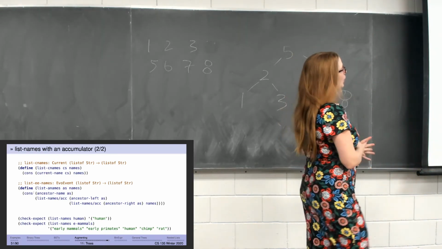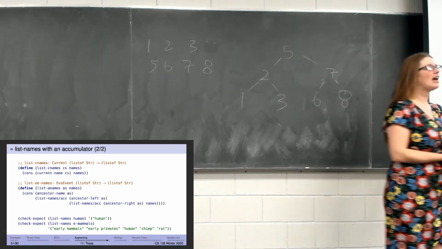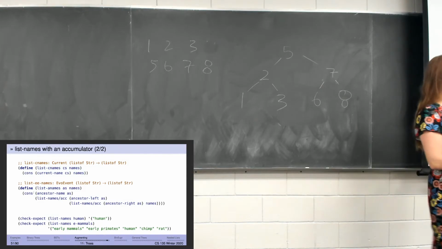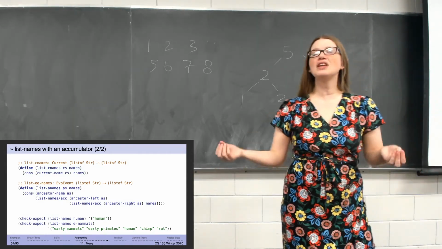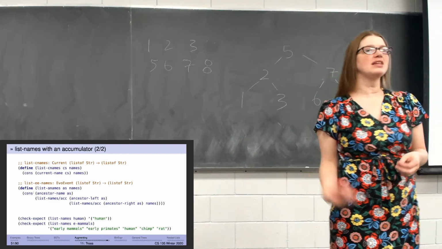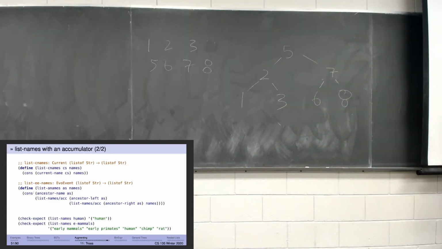If, however, we are an ancestor node, this is where it gets kind of complicated. We want to produce a list that contains us along with all of the names of all of the species of our left and right subchildren. So I'm going to cons myself onto getting the names from my left subtree. What about getting the names from my right subtree?